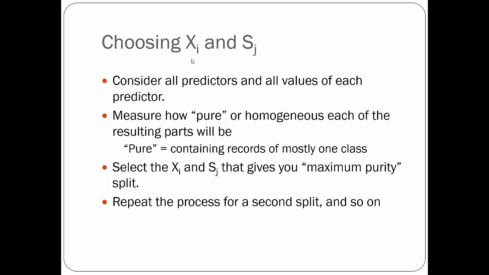So you measure how pure or homogeneous each of these parts are, and then you select the x sub j and s sub j that give you maximum purity. Select the candidate that gives you maximum purity, use that to split, and then you go back and repeat, and so on.